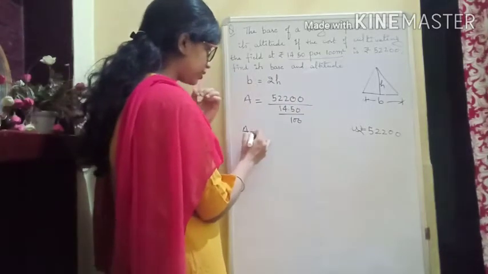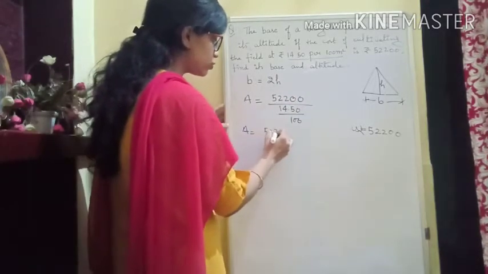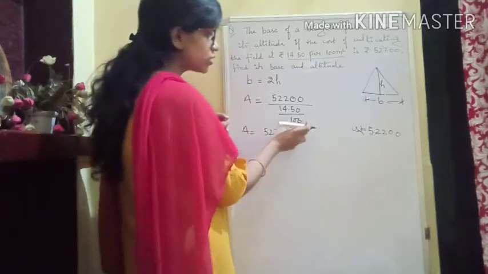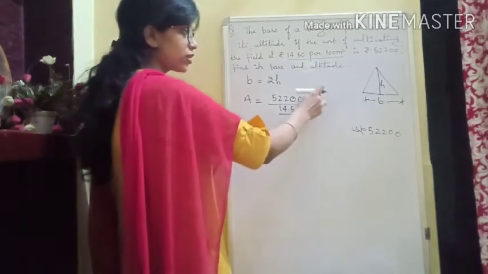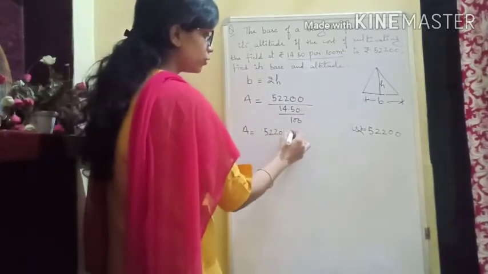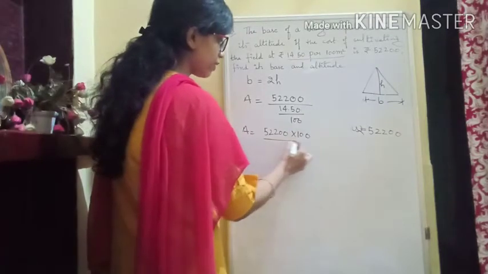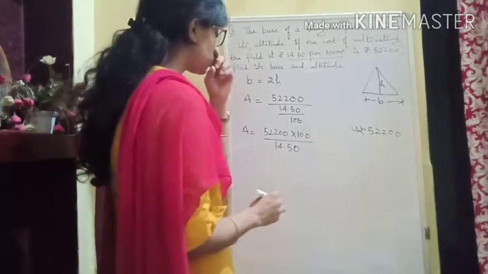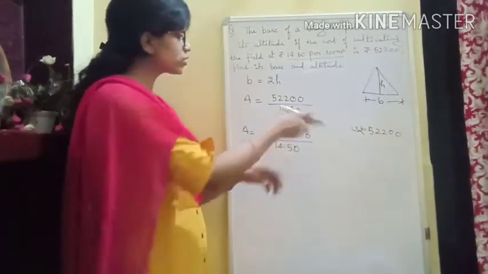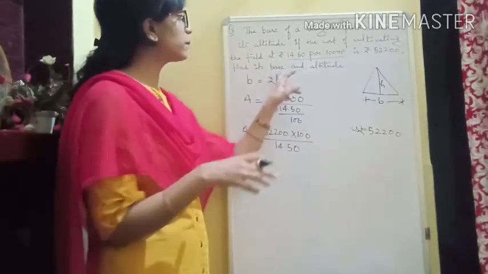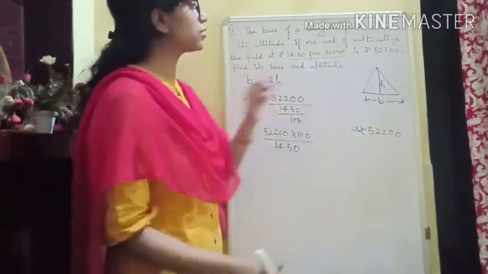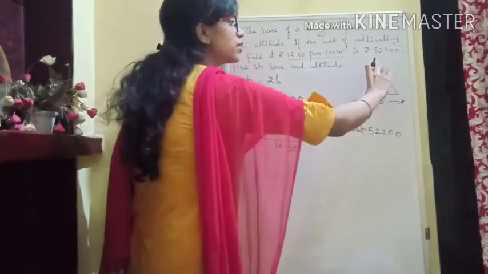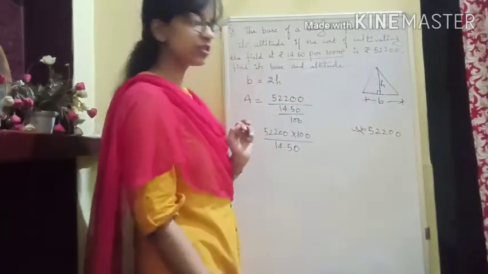So let's calculate this. It is 52200, and you see this is in the divisor, and when it reciprocates it will come in the numerator, into 100 divided by 14.50. This is your area. Now to simplify this and to calculate the base and the height, we can apply the formula half base into height.